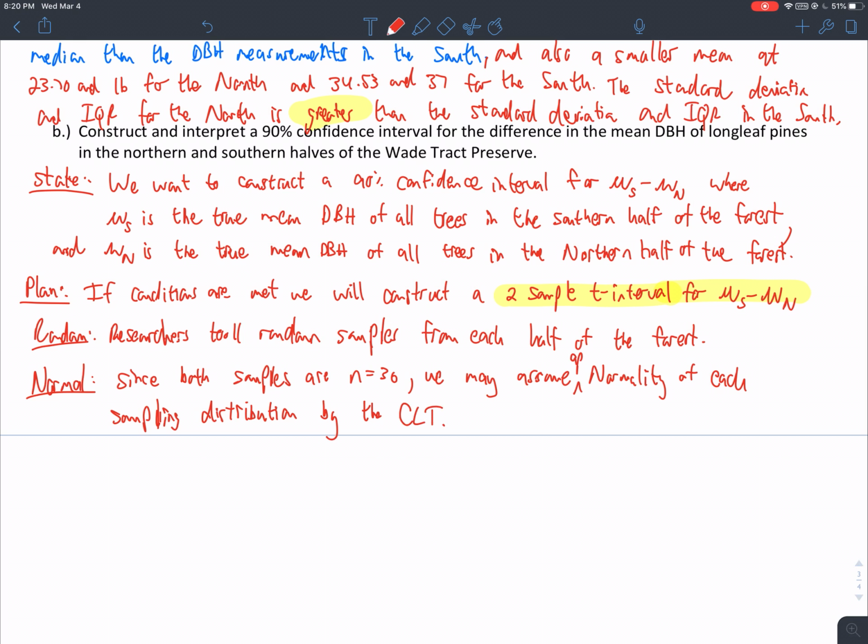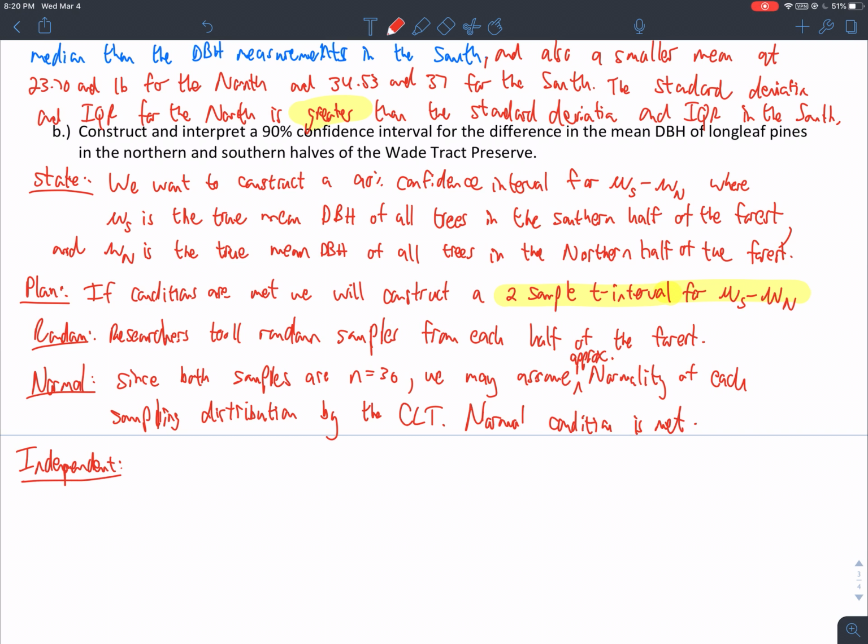And I should say approximate normality, okay? Of each sampling distribution by the CLT, just say the normal condition is met, okay? So since each sample's sampling distribution is approximately normal, then the difference sampling distribution is also approximately normal, okay?